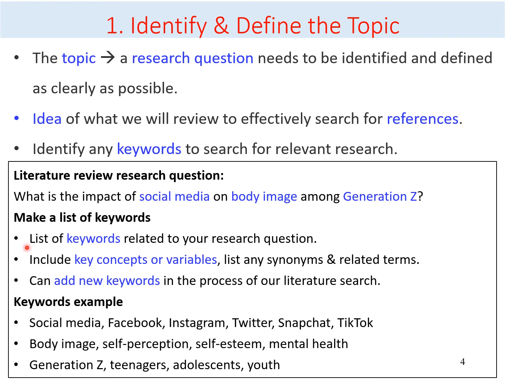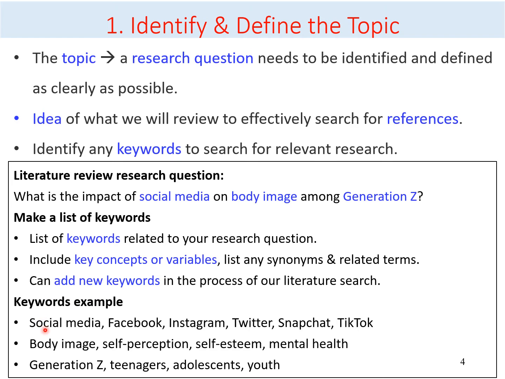When we make a list of keywords related to the research question, that is the 3 keywords, include key concepts or variables, and list any synonymous or related terms. We can add new keywords in the process of searching the literature. When we are searching the literature, we can update, change, or even add new keywords.